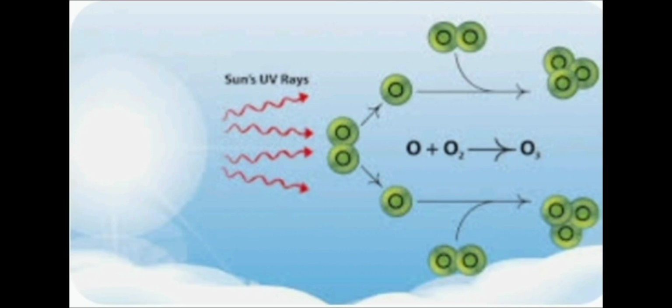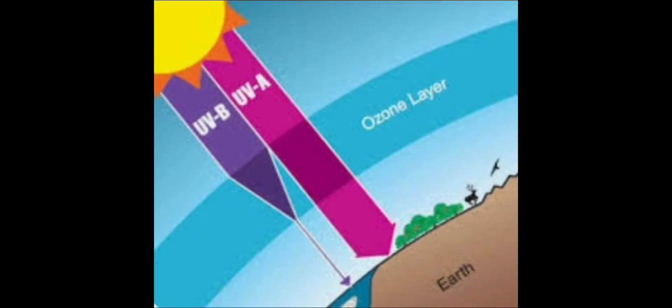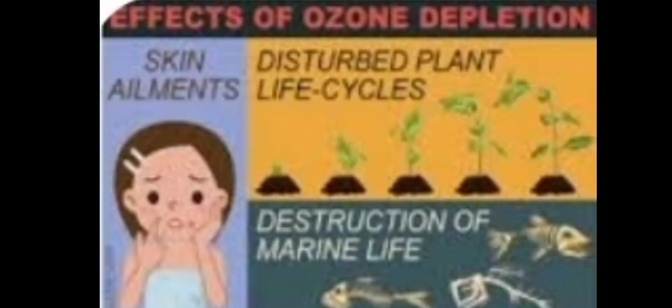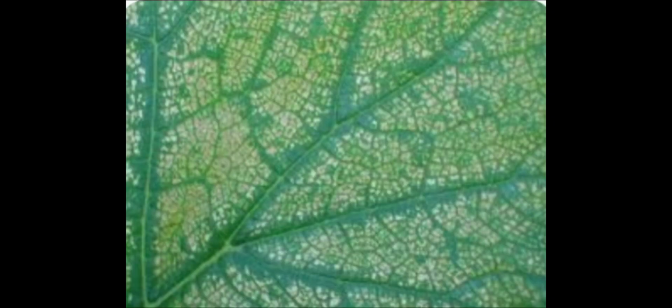The ozone layer is a shield that prevents the passage of harmful ultraviolet light into the Earth's atmosphere. But the reduced ozone cannot prevent its entry. So, these harmful wavelengths cause skin cancers, sunburns, cataracts, sometimes even permanent blindness.